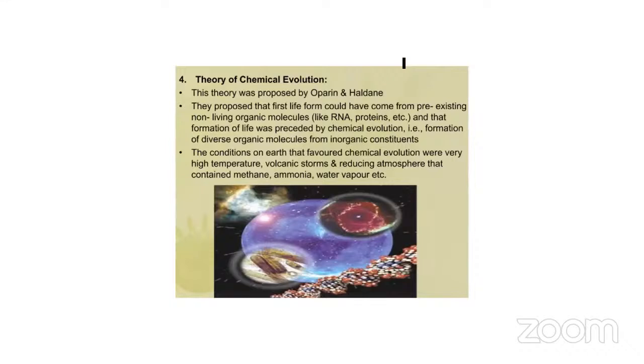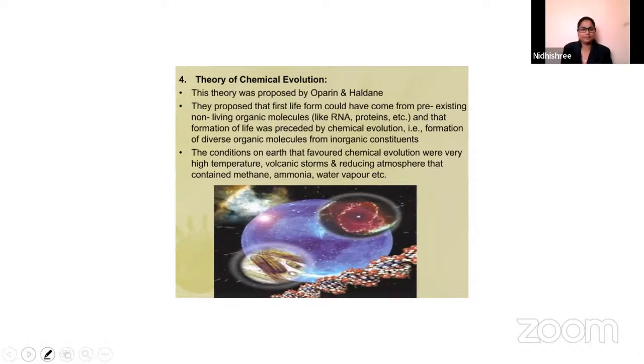The conditions on Earth that favored chemical evolution were very high temperature, volcanic storms, and a reducing atmosphere that contained methane, ammonia, water vapor, etc. Thank you, Gayatri.